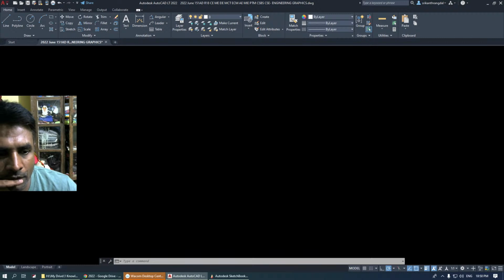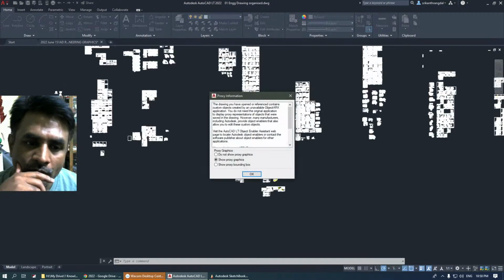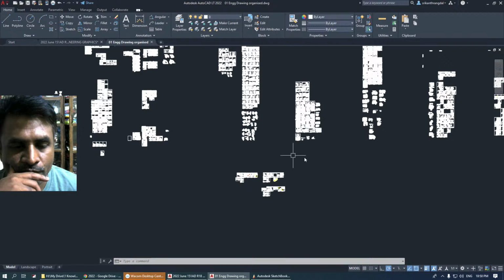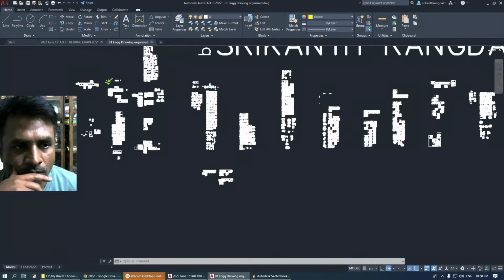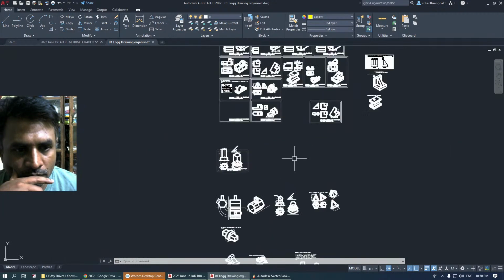Yep, it's taking time to open. Oh, come on. All right. So the isometric diagram is located here.